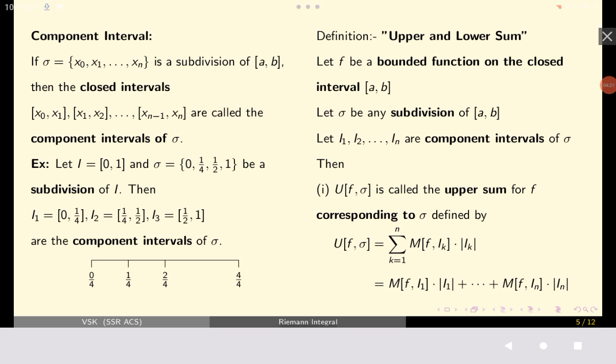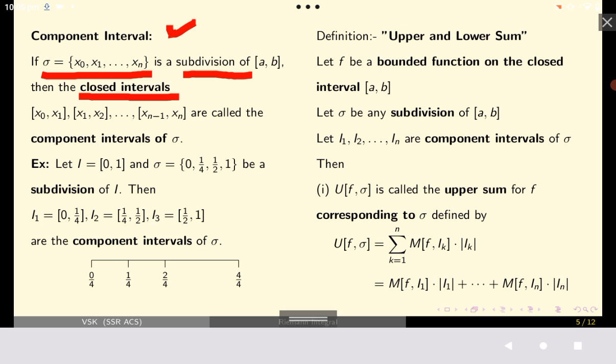Now let us see the definition of component interval. If sigma is equal to x0, x1, up to xn is a subdivision of AB, then the closed intervals x0 to x1, x1 to x2, and so on, xn minus 1 to xn are called component intervals of sigma.